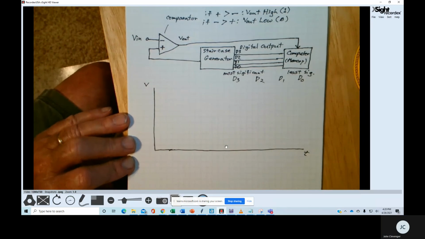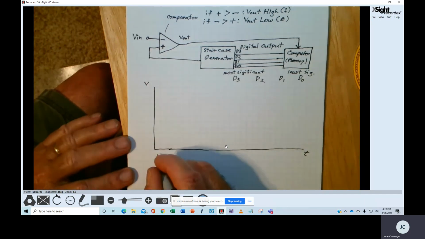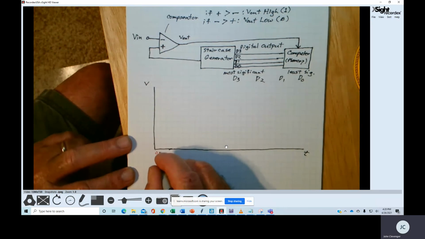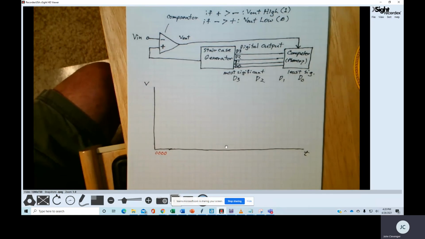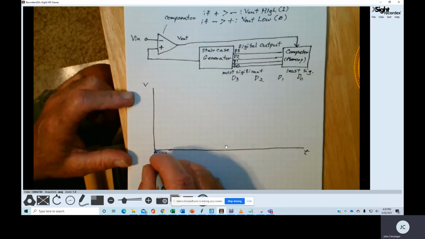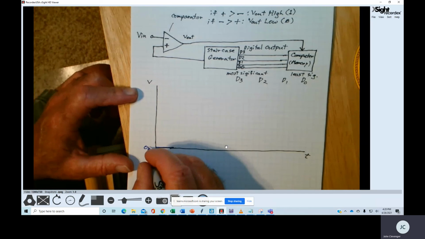So our staircase generator starts by making a count of 0, 0, 0, 0. And this will output to the non-inverting input of the comparator a voltage that is 0 volts.